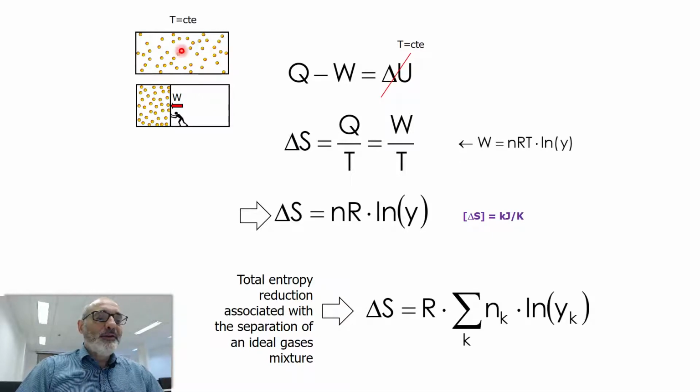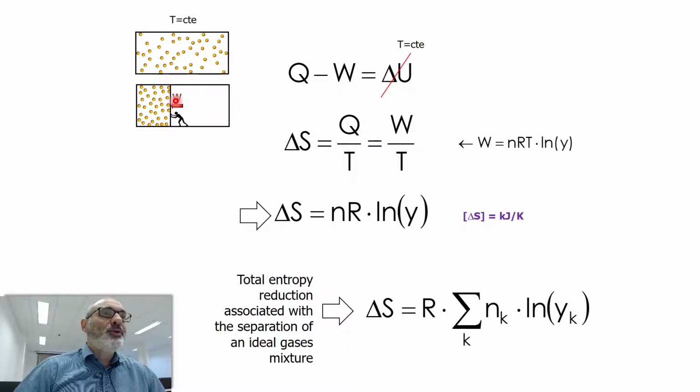In applying the first law for this system, with the isothermal compression process, T equals constant, and delta U being 0 because temperature is constant, I get that Q equals W.